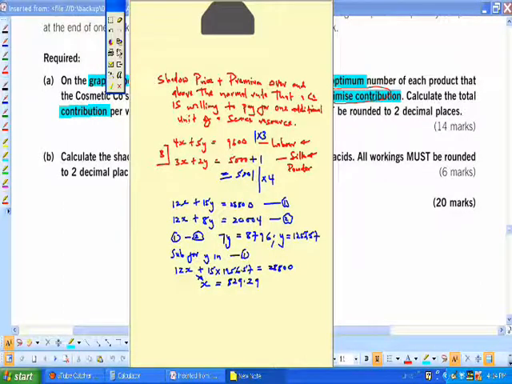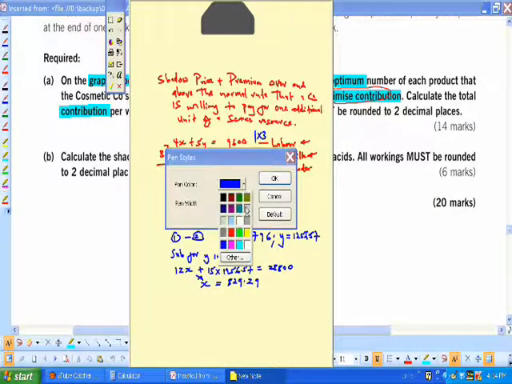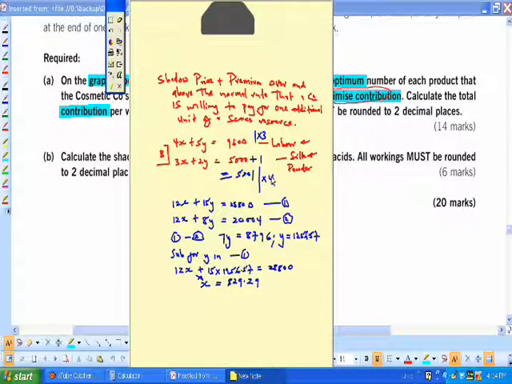C, remember, is 9x plus 8y, so it will be 9 times 829.29 plus 8 times 1,256.57, which gives us 17,516.17.